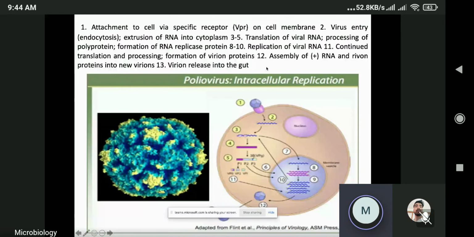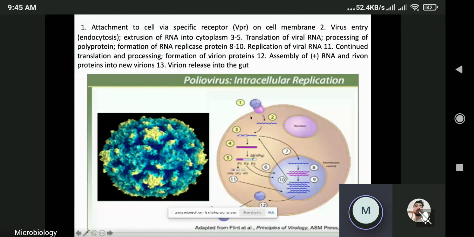And they enter inside via the process of endocytosis, or simply we can call it receptor-mediated endocytosis, also called viropexis, and then they enter into the cytoplasm, and the outer capsid layer is released or broken down, and this is called uncoating.